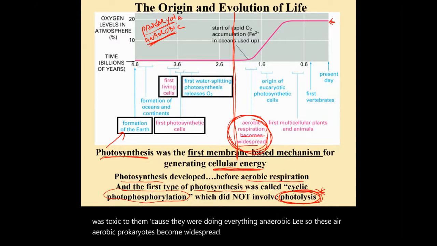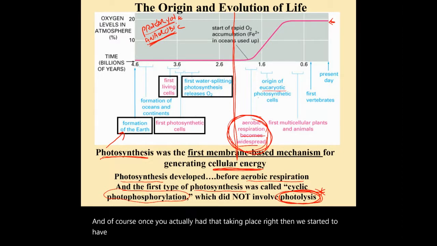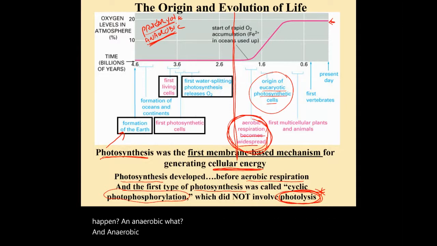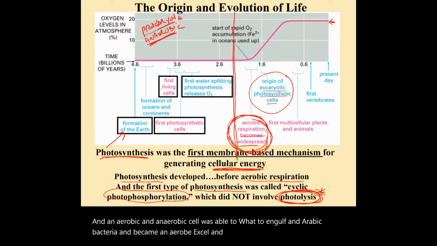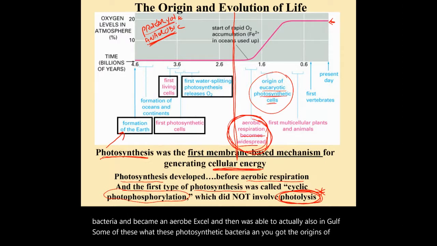And of course, once you had that taking place, we started to have the origins of eukaryotic photosynthetic cells. And how did that even happen? An anaerobic cell was able to engulf an aerobic bacteria and became an aerobic cell, and then was able to also engulf some of these photosynthetic bacteria, and you got the origins of eukaryotic photosynthetic cells.